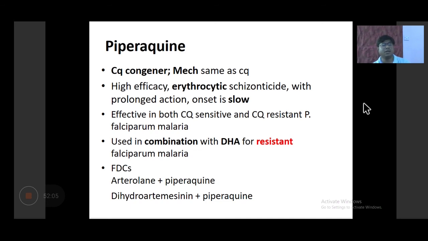Whatever drug we are reading apart from chloroquine is to be given only in cases where there is resistance to chloroquine. Otherwise, chloroquine is the drug of choice for chloroquine sensitive falciparum. But mostly nowadays there is resistance to chloroquine, so we use these drugs. That is why we are reading it. The combination of piperaquine is with DHA. We see that combination in cases of resistant falciparum malaria.